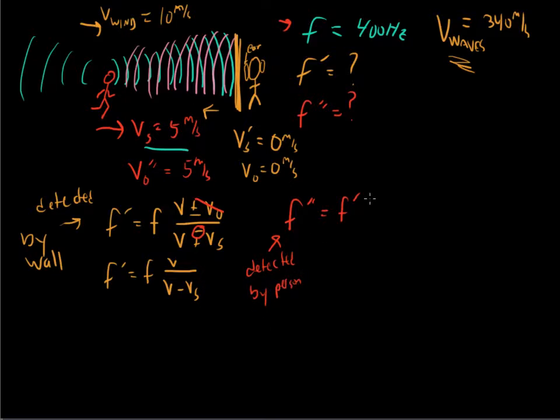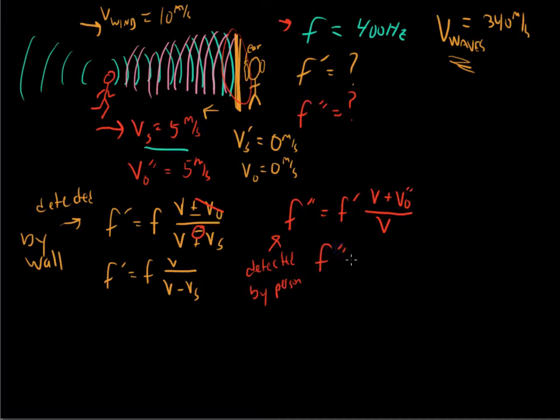So this detected frequency is going to be F prime times V plus V observer double prime, I'll use here, and that's the velocity of the person, divided by V, and I could do minus or plus V source, but the source isn't moving. That's the wall now. So without the moving source, this is what we get. And I can plug things in if I'd like.